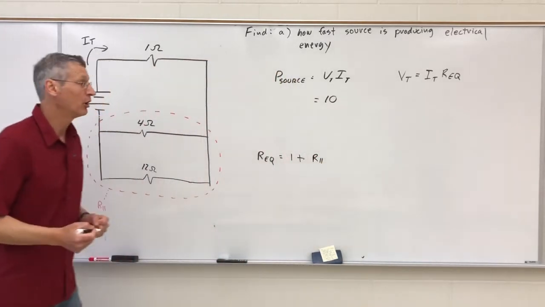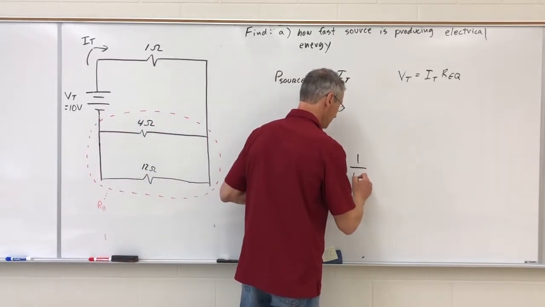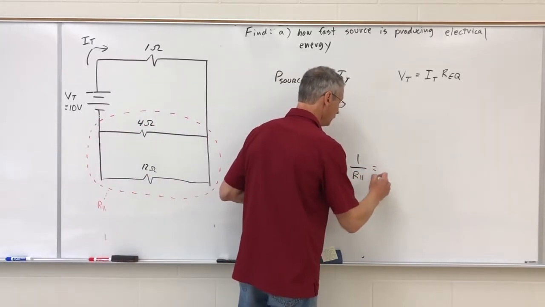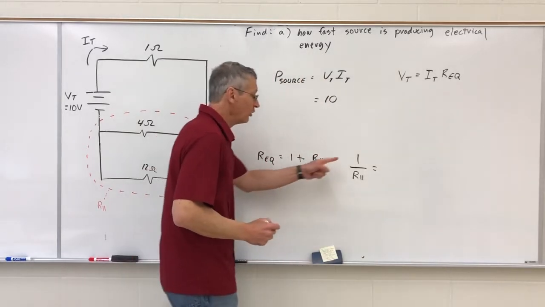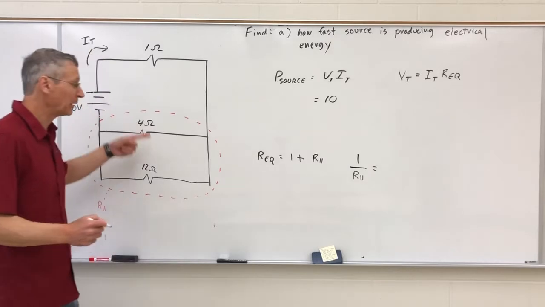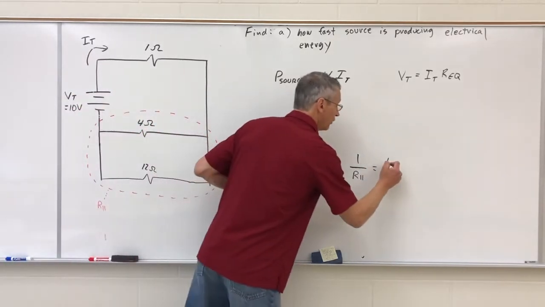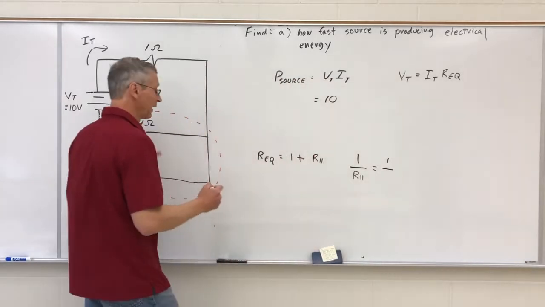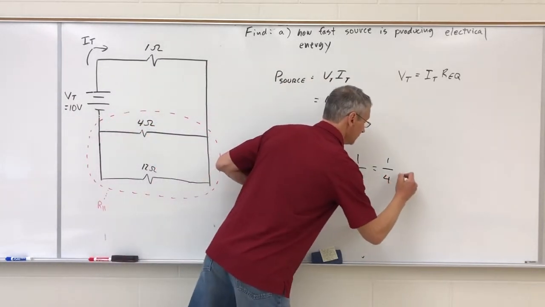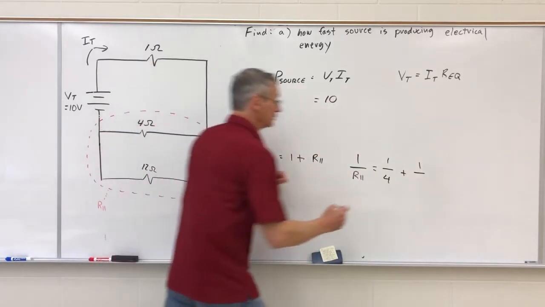How can we figure out what R parallel is? Well, remember, you can use this formula. 1 over the equivalent resistance of everything in the parallel combination is equal to 1 over the first branch plus 1 over the second branch.